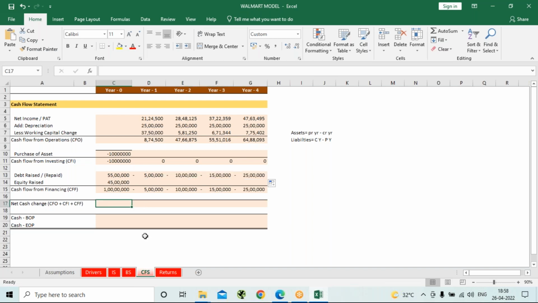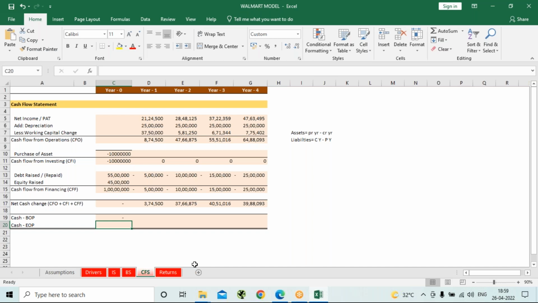So the sum of all these values will give me the net change in cash. So this is the value that I get. Then the cash BOP value is 0, the beginning of period value, nothing was there.